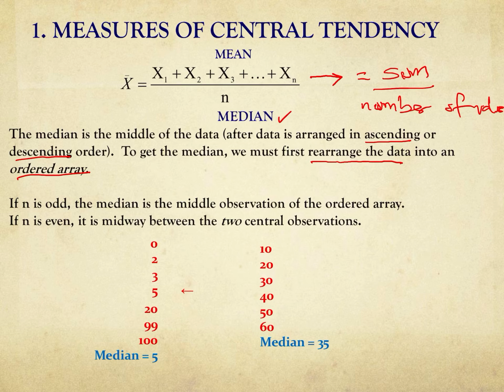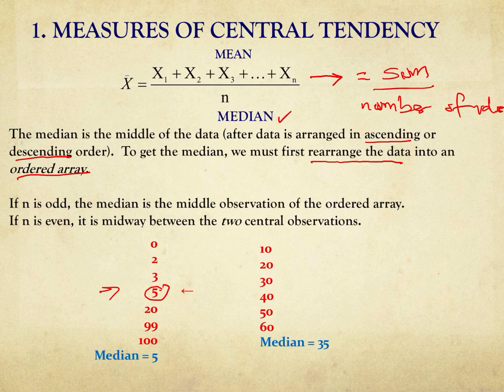So if we look at this first data set we have here, you see that the number of values in the data set is odd. Based on that, it's easier to identify the midpoint. So the midpoint here is 5. On the other hand, for this other set of data, you see that the number of values is even.